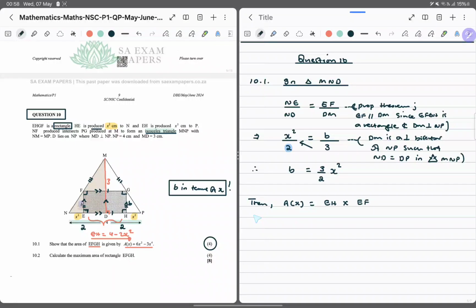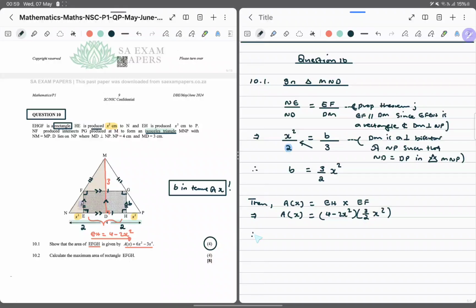So, which will imply that our area in terms of x is EH. Since we are lazy now to showcase everything, it's too obvious here that this is going to be 4 minus 2x squared. We don't need to explain this. EF is that b, which is 3 over 2 x squared.